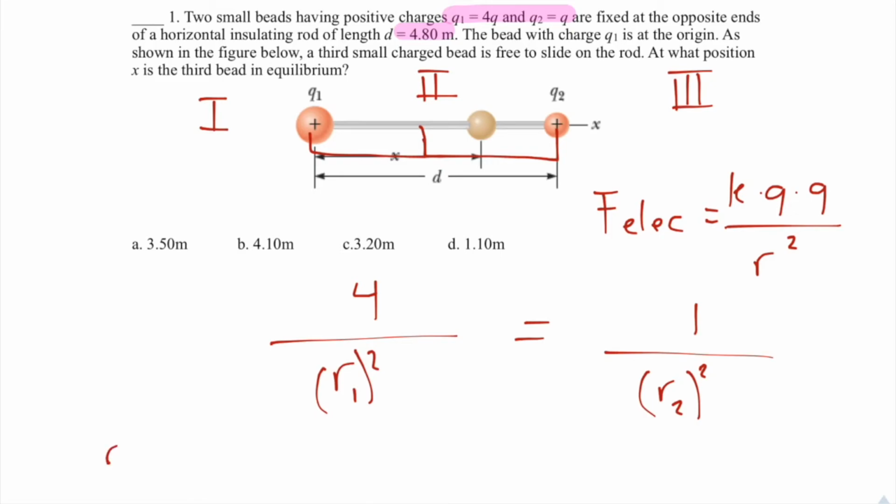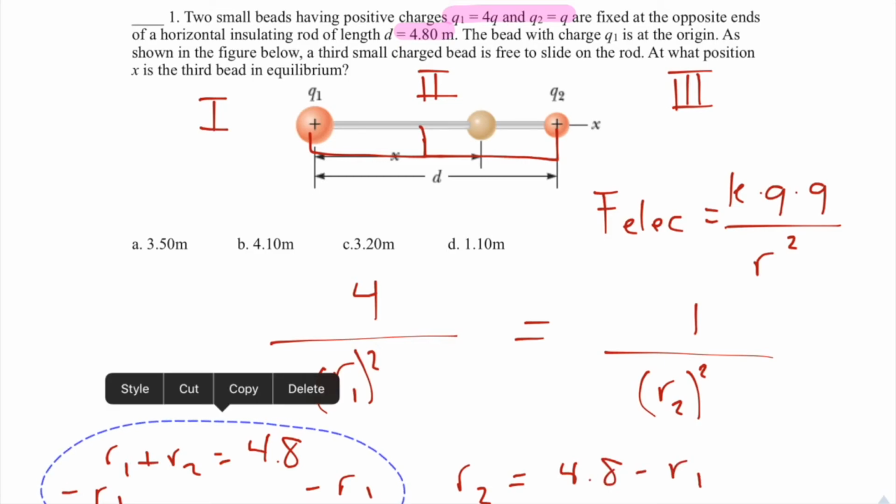So that means that R1 plus R2 is equal to 4.8 meters. And so we can solve for either one of those and substitute it into our equation over here. We'll go ahead and subtract R1 from both sides, so minus R1, and that leaves us that R2 is equal to 4.8 minus R1.